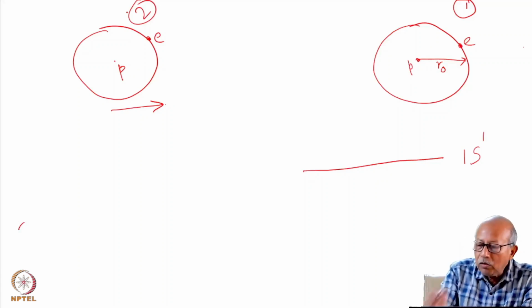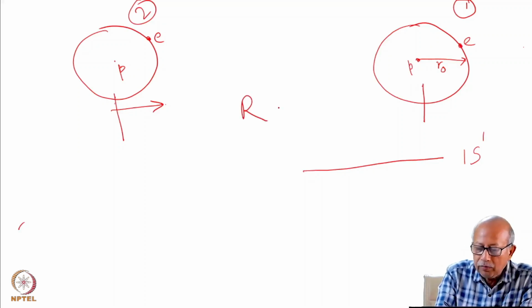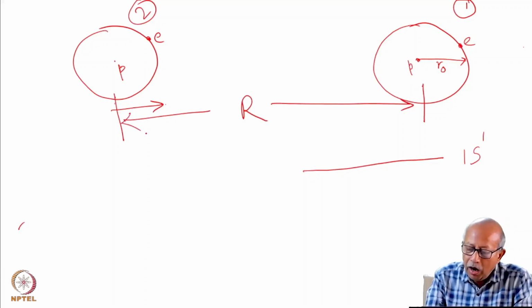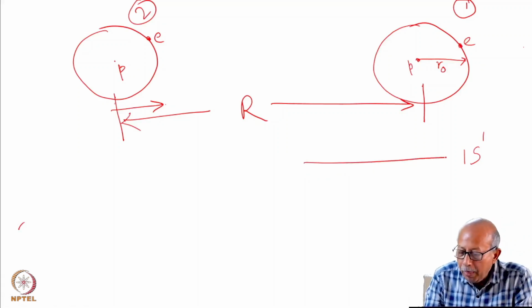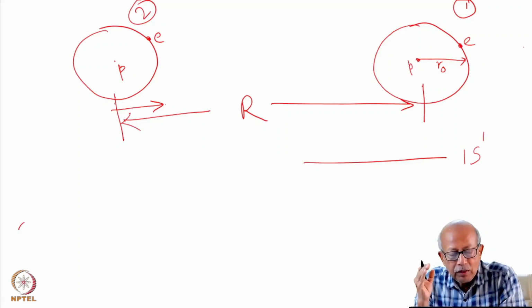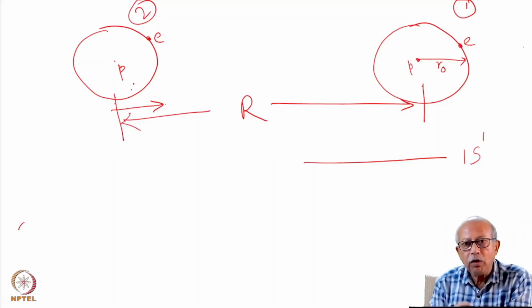We are bringing it closer, and we call this separation R. So we want to basically find out how this energy level is modified, is affected, as we gradually bring this second atom close to the first atom.